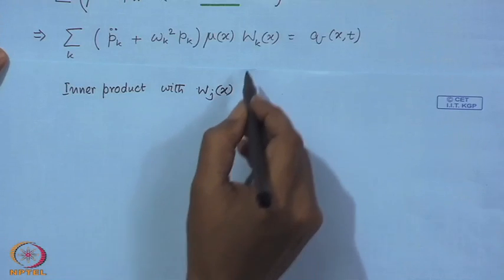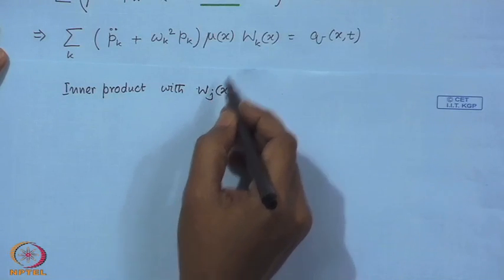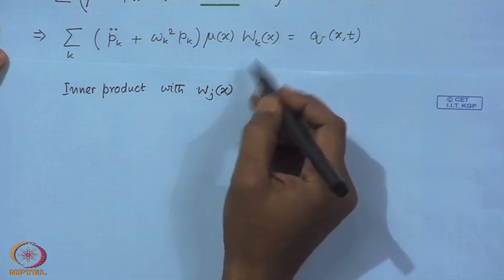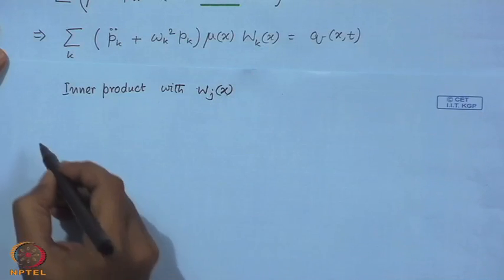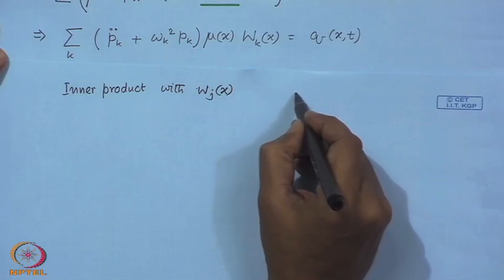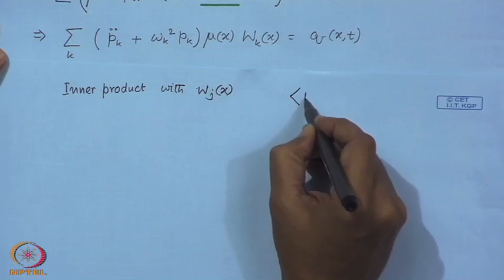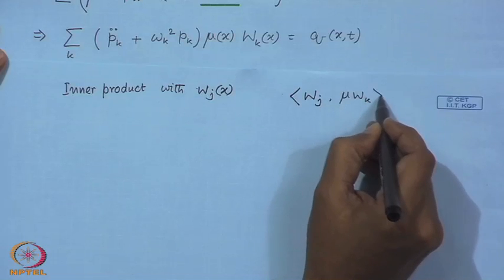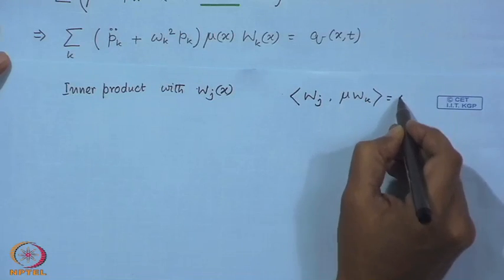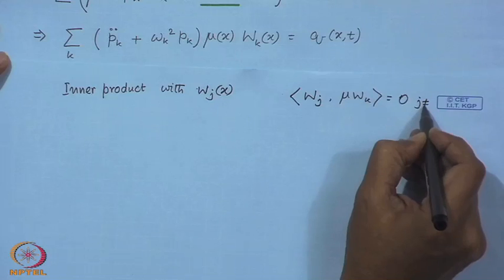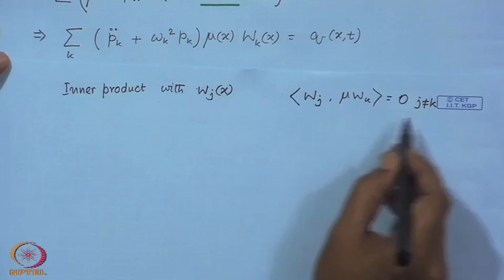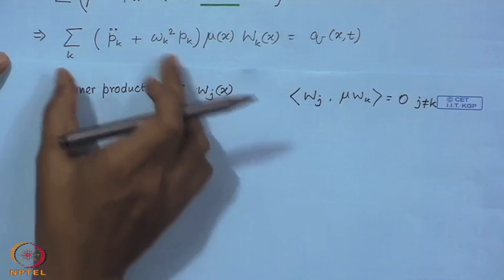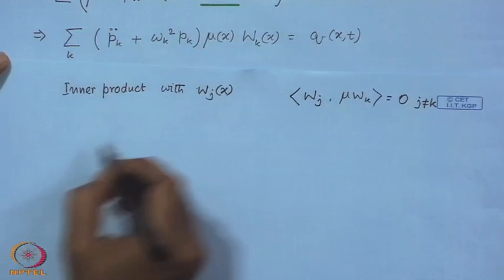Then from the orthogonality of these eigenfunctions, we already know that if j is not equal to k, then this is 0. So, what this is going to do is filter out the jth coefficient in the expansion.